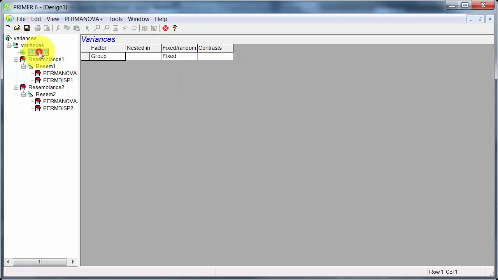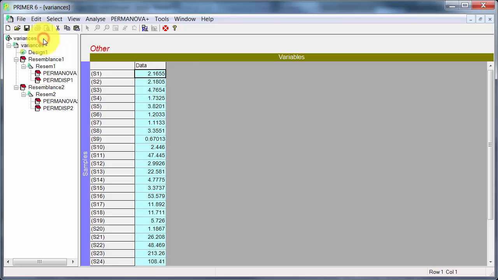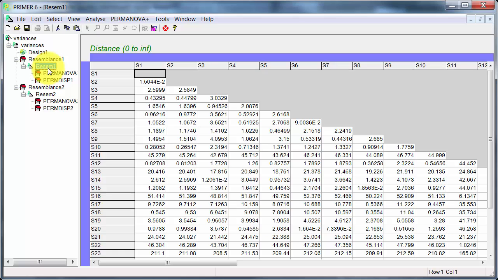So I've created the design here, which is just one factor, which is fixed. To do the analysis I select the variable I'm interested in, select highlighted. I then create the resemblance matrix using Euclidean distance.